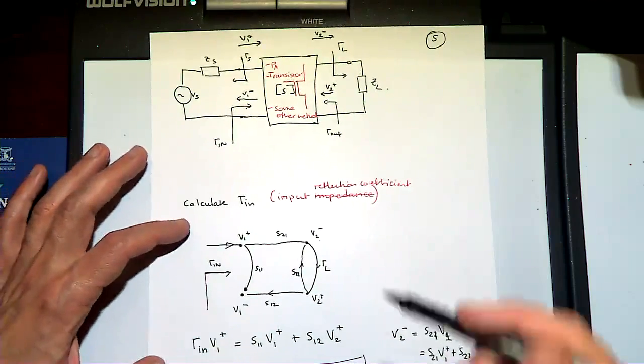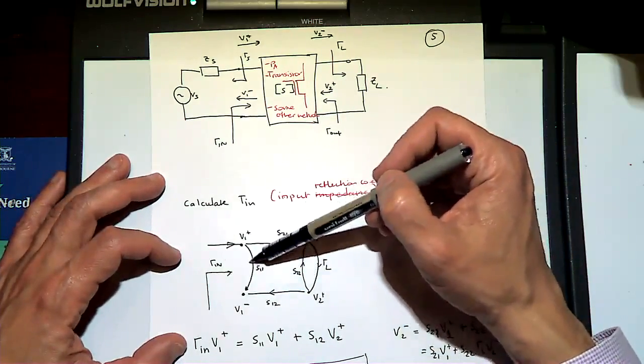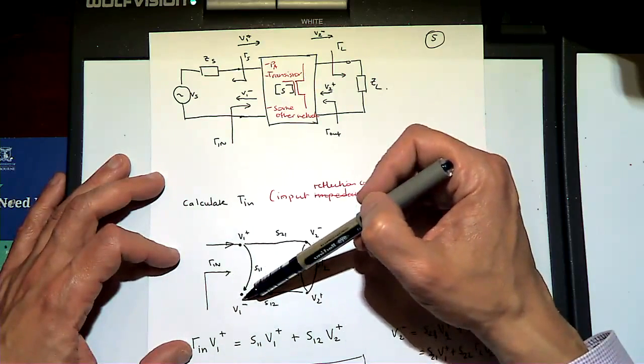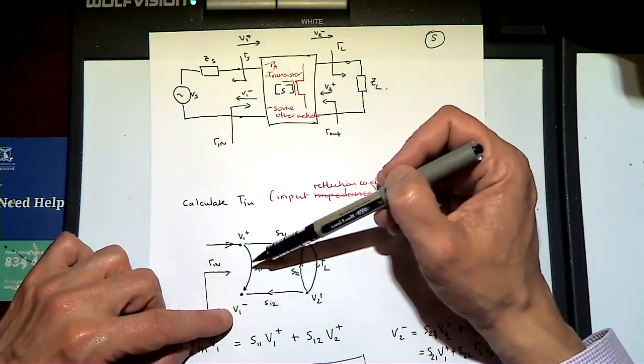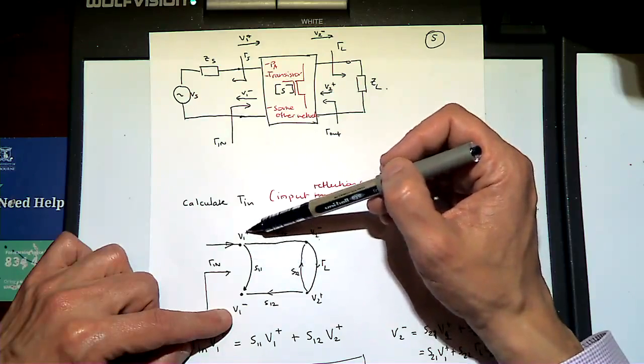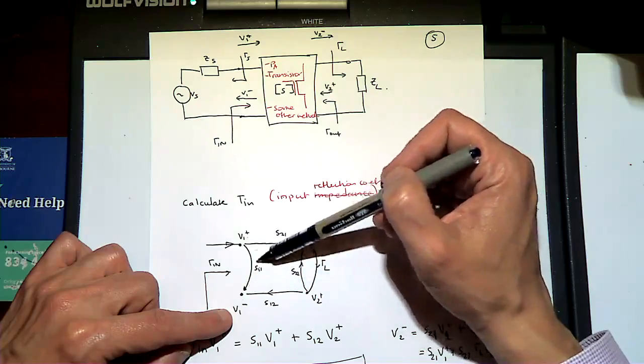So let's now go through the process of deriving this. Therefore what we say is gamma in times V1 plus is equal to V1 minus, right? So how do we also calculate V1 minus? Well, if we look at this graph, V1 minus is V1 plus times S11, right?